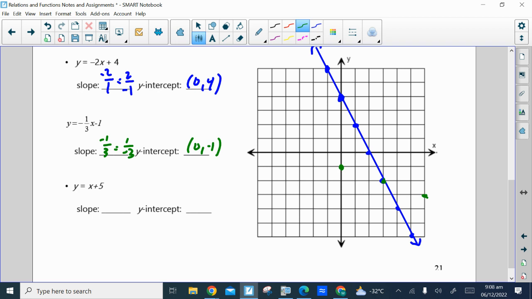Don't have room to do any more points following that pattern, but we could do the opposite. We could rise 1, which means go up 1, and run negative 3, which would be to the left 3. All those points line up, so we can graph.